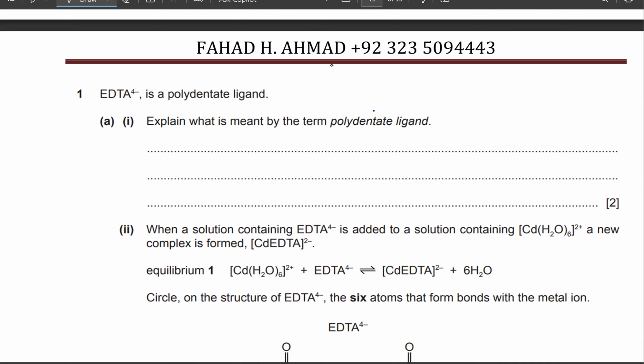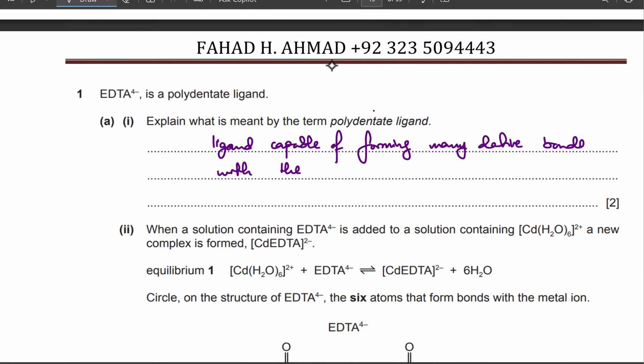So it's a ligand that's capable of forming many dative bonds with the same metal cation in a complex. So that's what a polydentate ligand is.